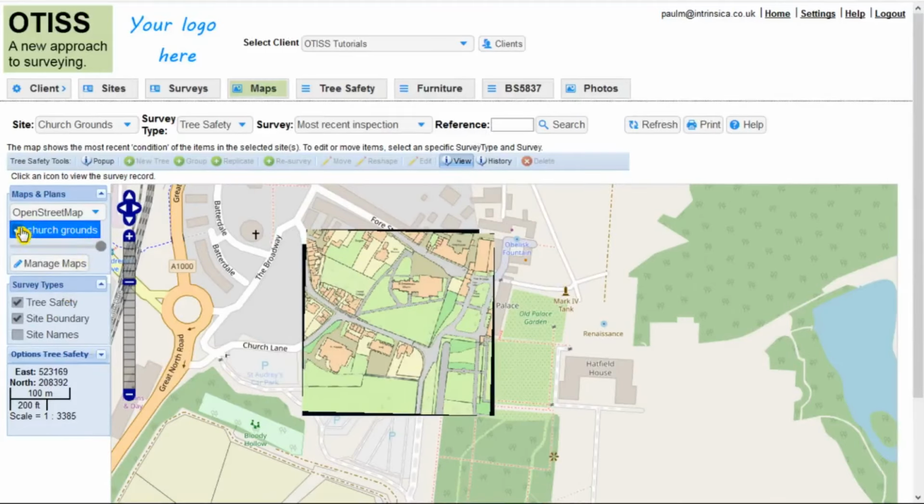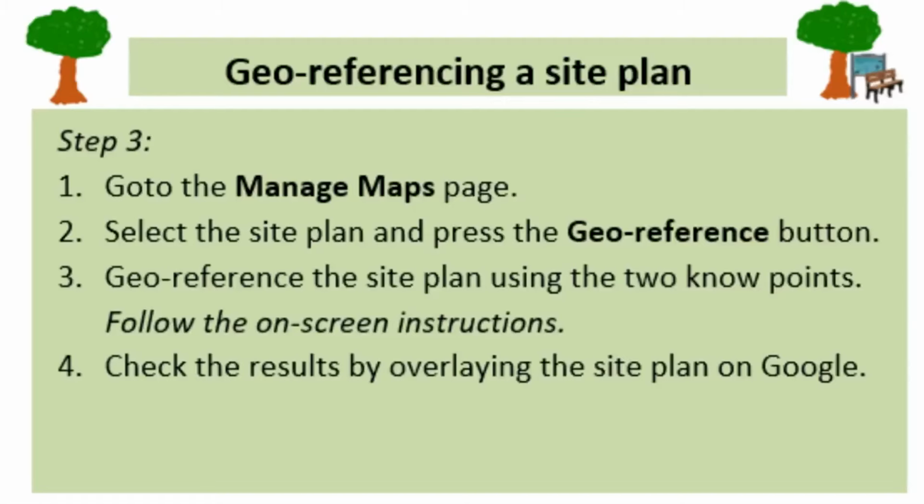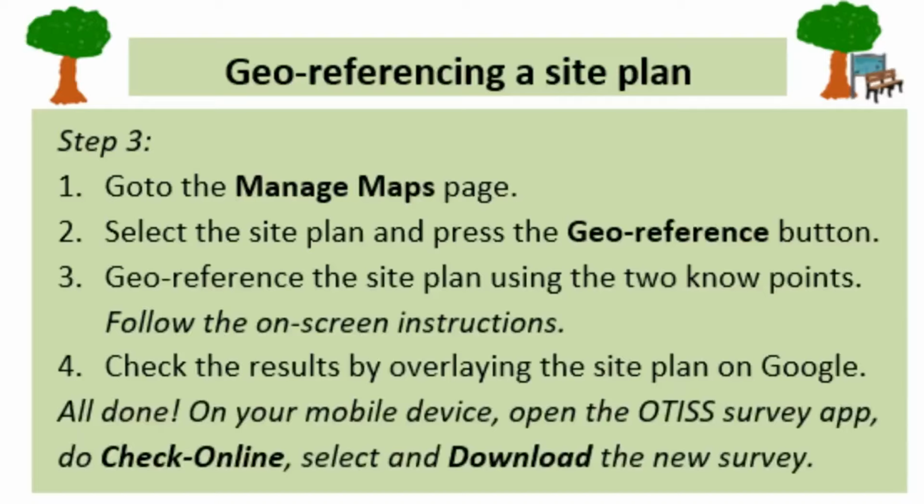And if I turn the map on and off, I can see that the church in the middle is lined up exactly. So that seems to be working quite well. So everything is done. I can go to my mobile device, open the survey app, do check online and download the survey and get going.